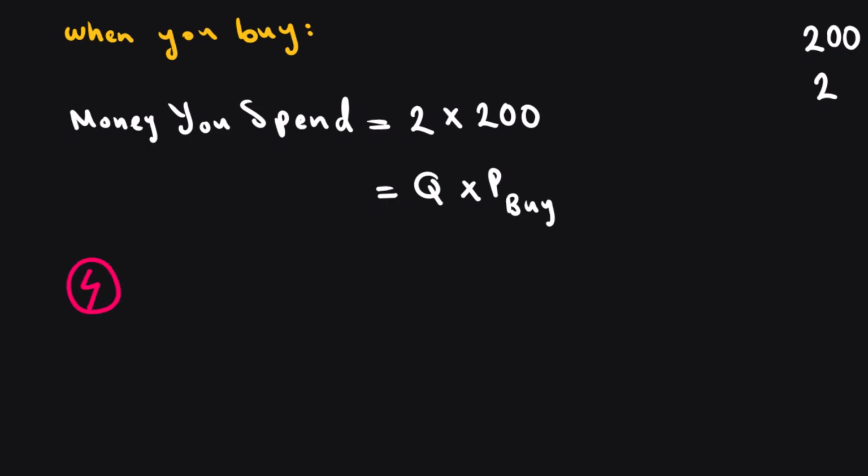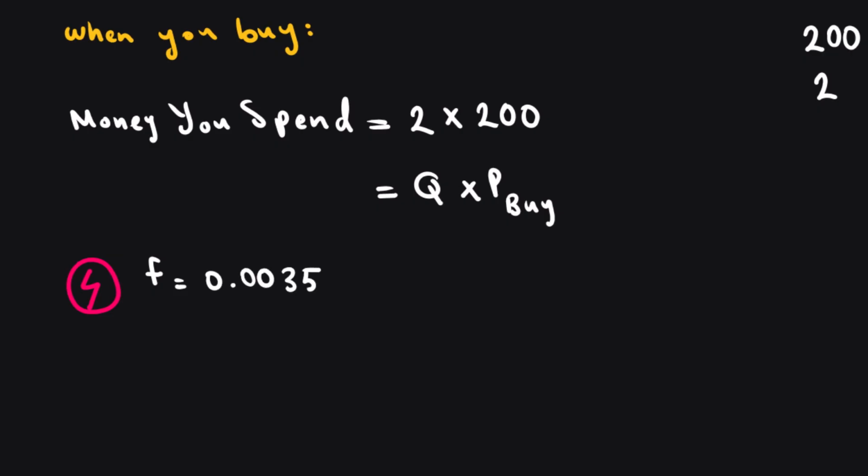But there's a problem here, and the problem is that when you buy something or when you sell something, the broker takes a fee. So you need to pay the fee as well. For example, suppose that the fee rate when you want to buy is 0.0035.